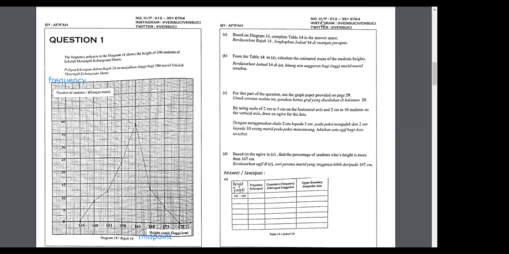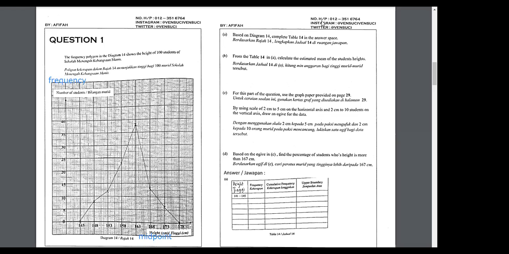The third one is 156 to 160, the same way. The fourth, fifth, sixth are also the same, just add 5 to each. So it's 161 to 165, 166 to 170, 171 to 175, and 176 to 180.